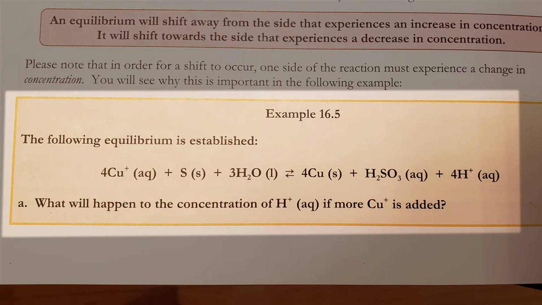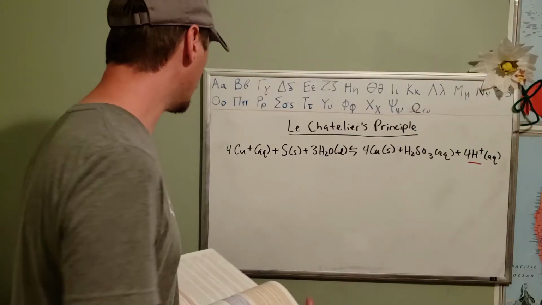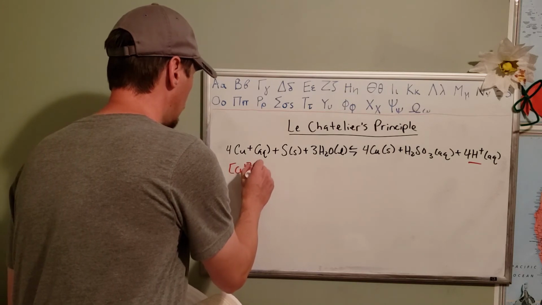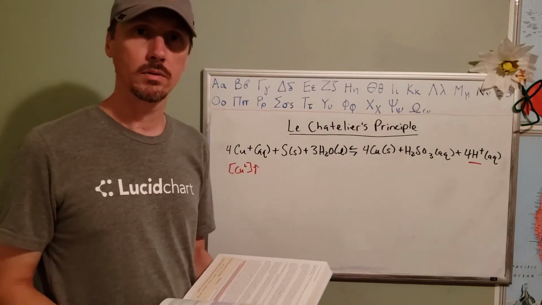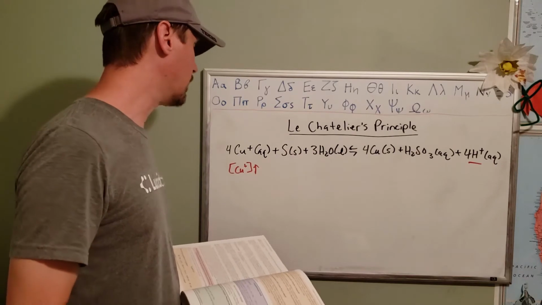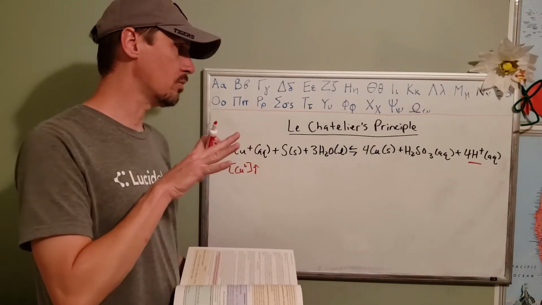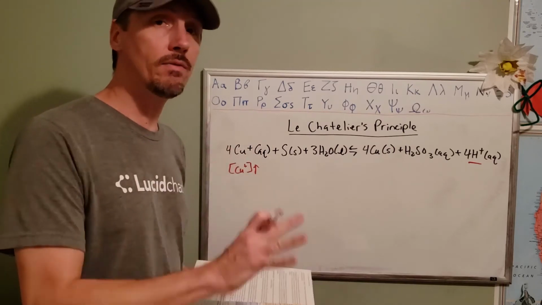So what's going to happen to this concentration if more Cu+ is added, right? So basically the concentration of Cu+ is going to go up, all right? So what did we say with Le Chatelier's principle? The reaction is going to react in such a way to relieve the stress.